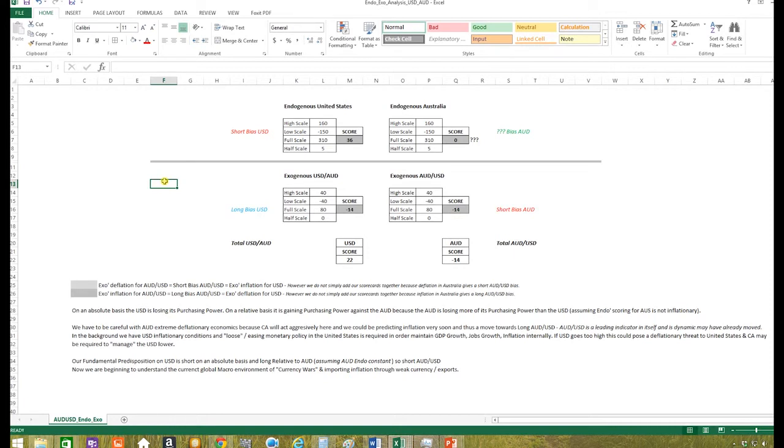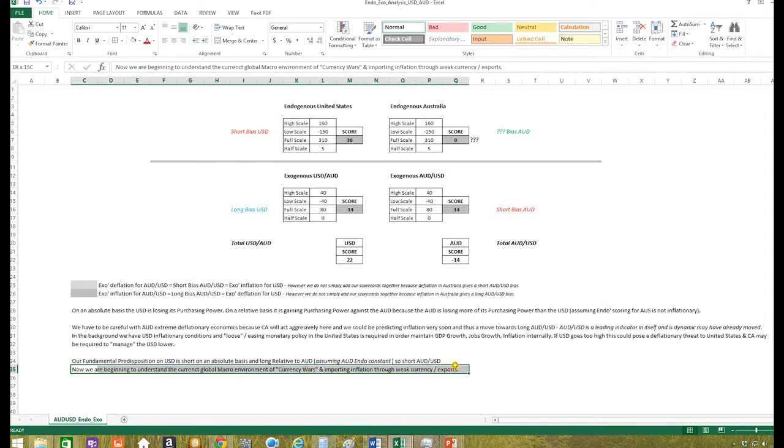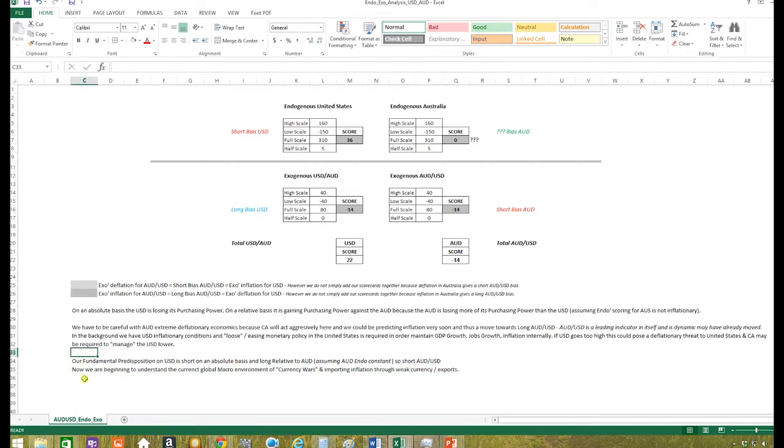So this is why we've used this example, because it's a classic case. So in your own time, do further reading on the currency wars and what's been going on over the last 5 years. But right now, we're going to go back to the trading desk and move on to our next video.